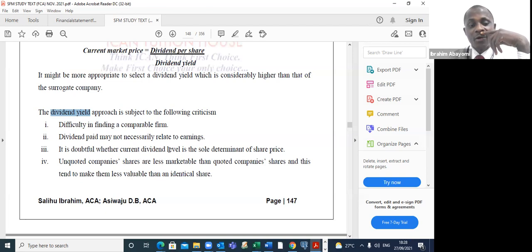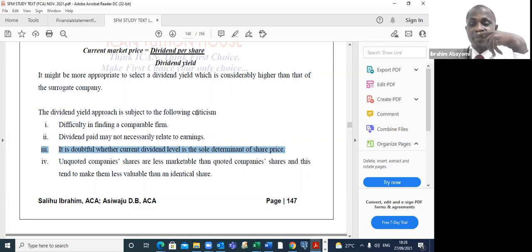It is doubtful whether the current dividend level is the sole determinant of share price. In actual sense, what determines your share price is not only the dividend you paid. Dividend is only a signaling effect, in the sense that some investors prefer a company that pays a constant amount of dividend every year.